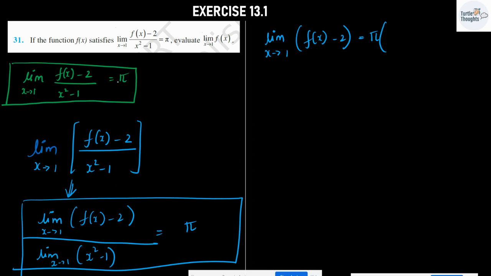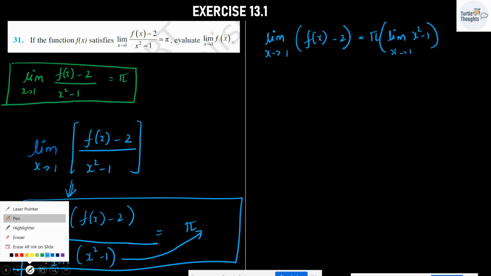Now can I cross multiply? I keep the numerator as it is and send the denominator to the other side. So here I will be getting pi multiplied by the limit of the function x square minus 1 as x tends to 1. With me?